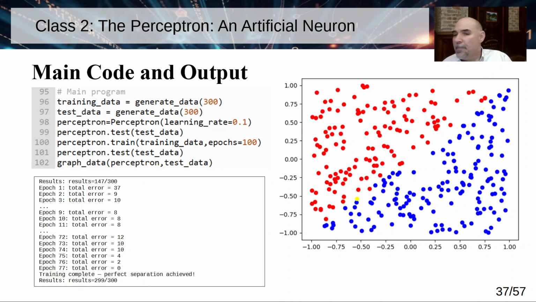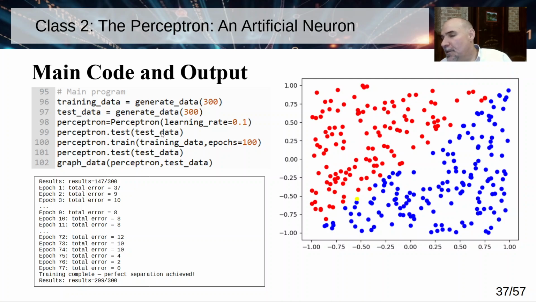And you'll notice here, I make an instance of my Perceptron. I kept my learning rate at 0.1. I then do a perceptron.test. I test it before I train it here. That's interesting because I want to see how well it does with just its random garbage weights.